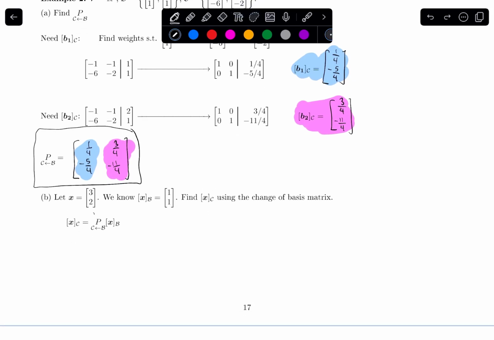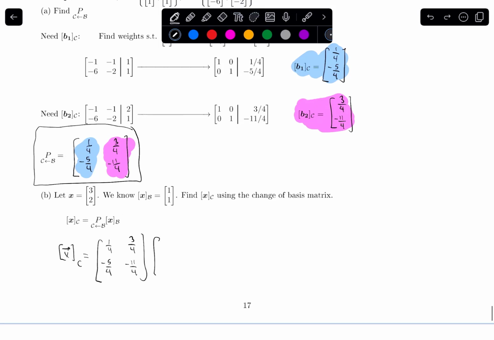Okay, because if I use this formula here, what it says is the coordinate vector of x in terms of the basis C equals this change of basis matrix, where the columns are 1/4, -5/4, and then 3/4, -11/4. You multiply that by the B coordinate vector, which we're given is 1, 1.